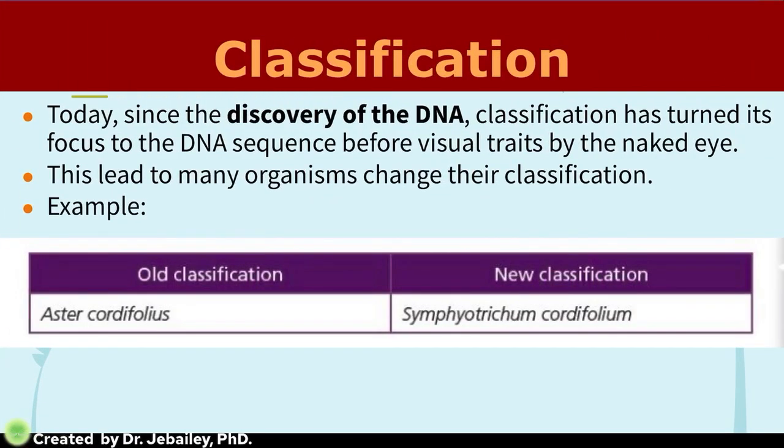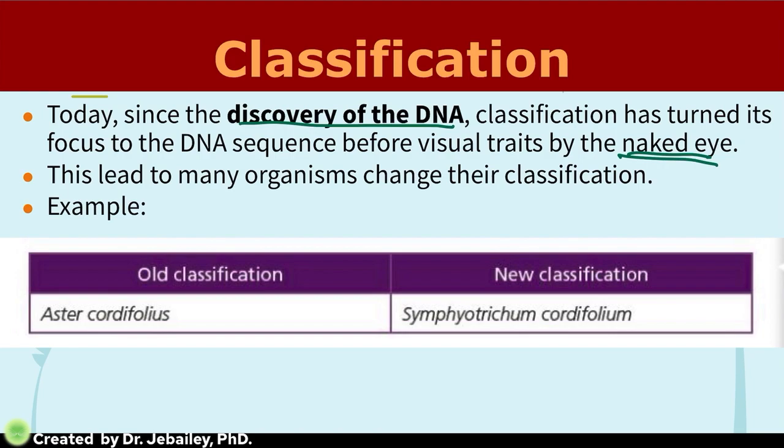In today's world, because of DNA, a lot of groups have been reclassified, because we were just looking from the outside. But now that we know the DNA and can compare it, we can put them in a better position according to how close their DNA looks to each other. So it's not just about the naked eye.